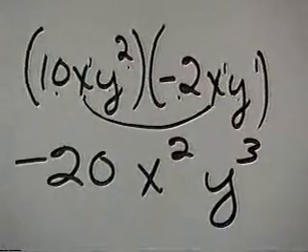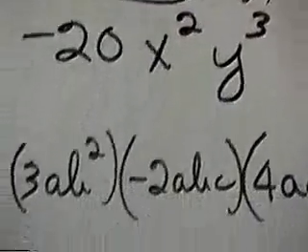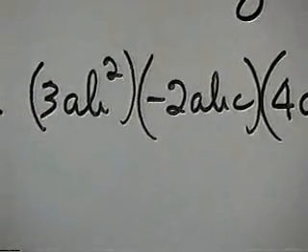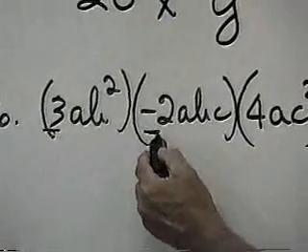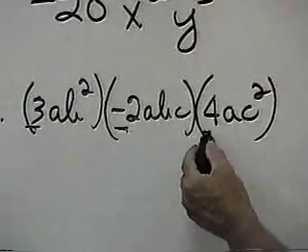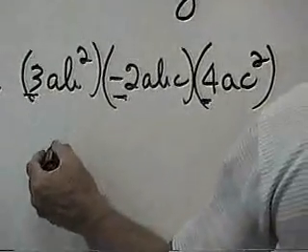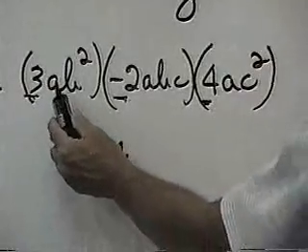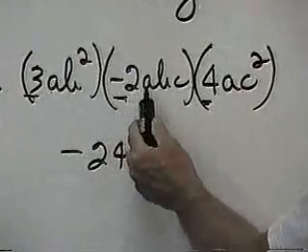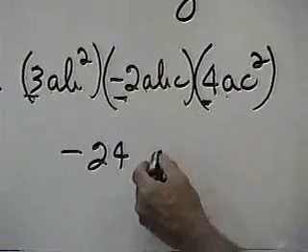All right, next one, number 6. Numbers times numbers. So come down here and do 3 times a minus 2, that's a minus 6, times 4 is a minus 24. Now, a's times a's. There's a here and there, so that's 3 of those.